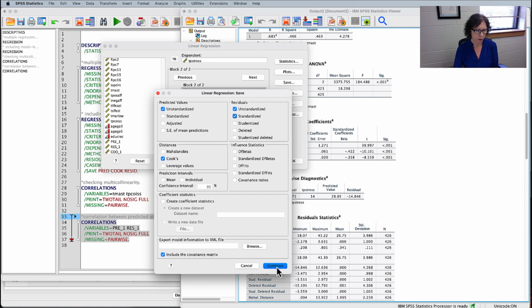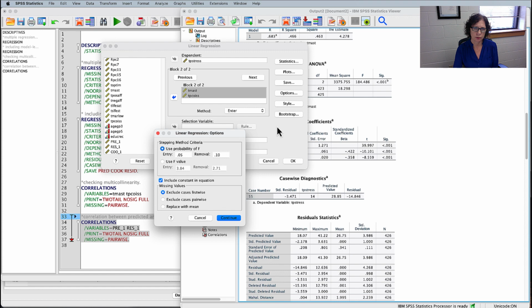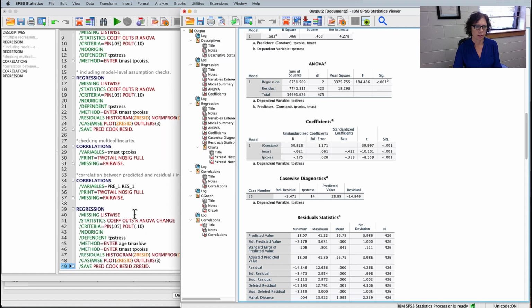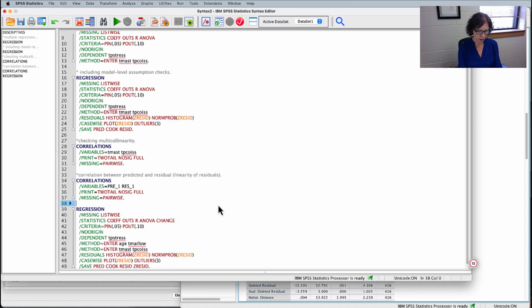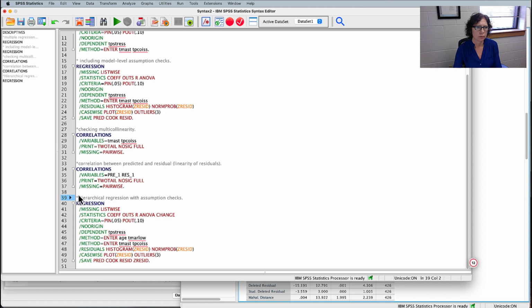Hit continue here. Options, we want to make sure that it's excluding cases listwise. And I think that is it. We'll hit paste and be able to label our syntax. Running this one.